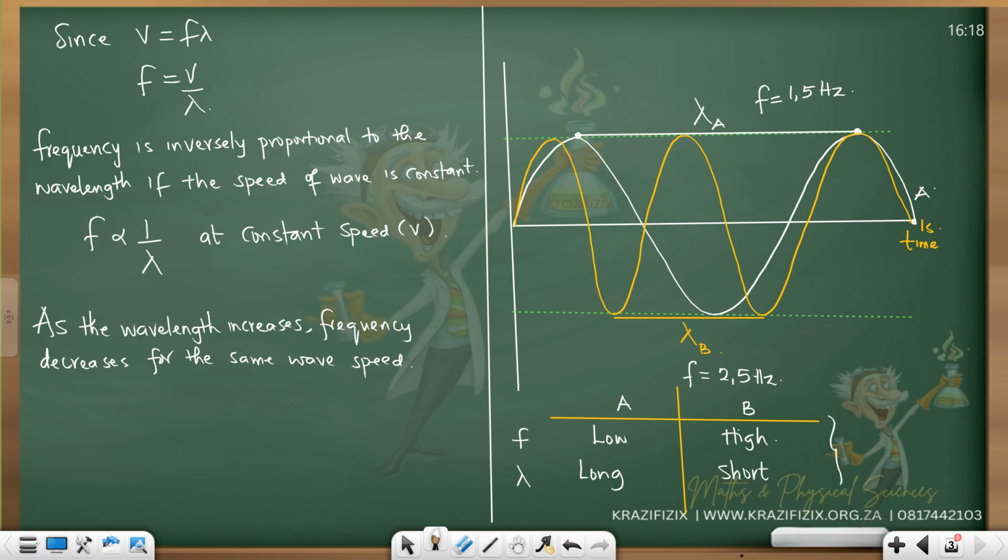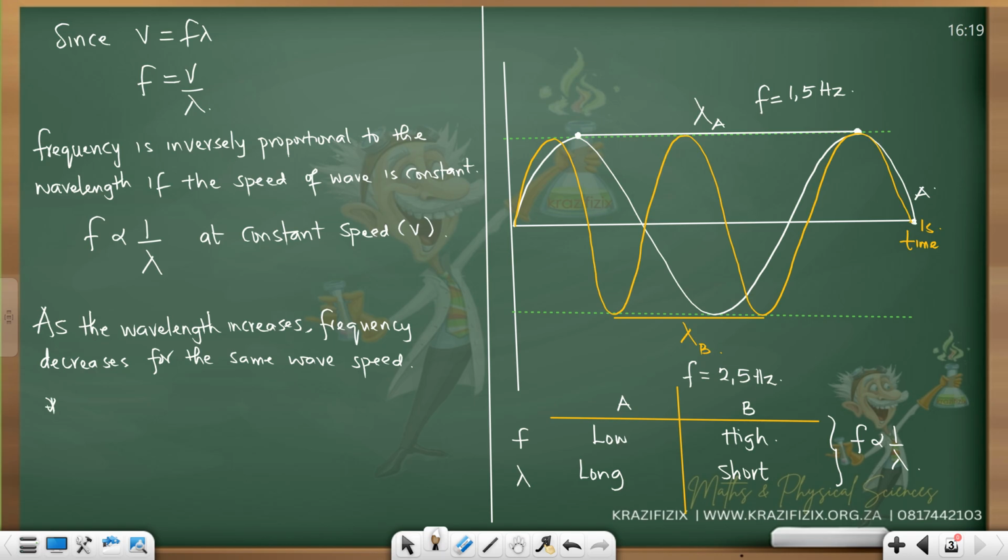I want you to see that we have just proven that F is inversely proportional. As the wavelength increases, the frequency decreases. So waves with long wavelength have low frequency. Let's put that note.